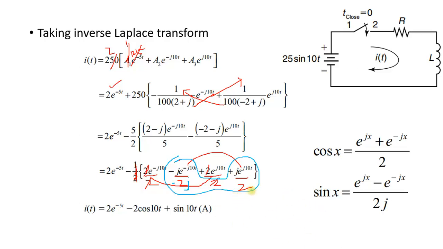And here it is e power j10t plus e power minus j10t, which is equal to this term. This term is present here, so this term is replaced by 2 into cos x, so this 2 term is replaced as 2 into cos 10t. Here x is nothing but 10. Okay, so this is my final expression.